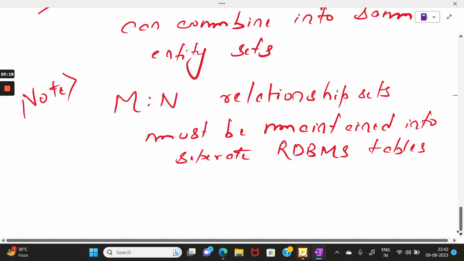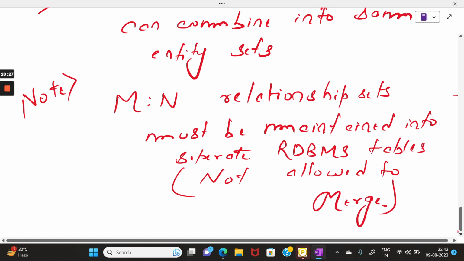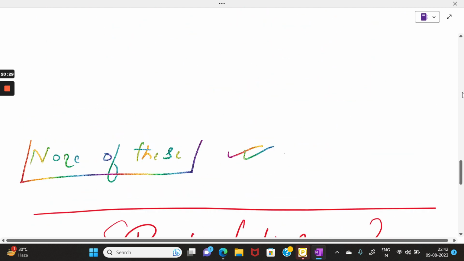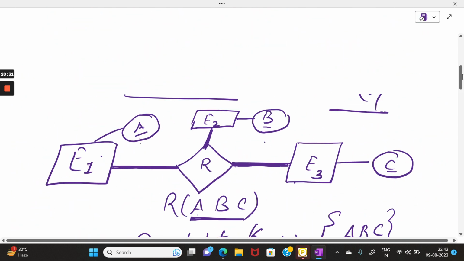Okay, here it is not allowed to merge. This needs to be maintained. So that is why we have learned about these participation constraints and cardinality constraints.